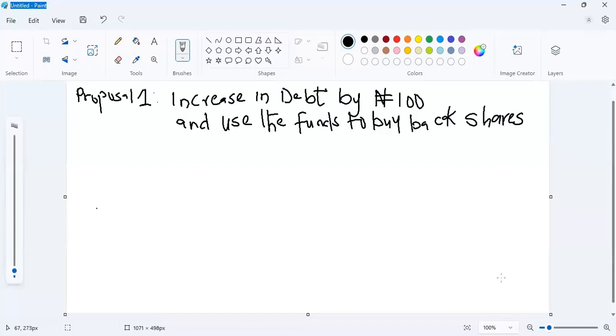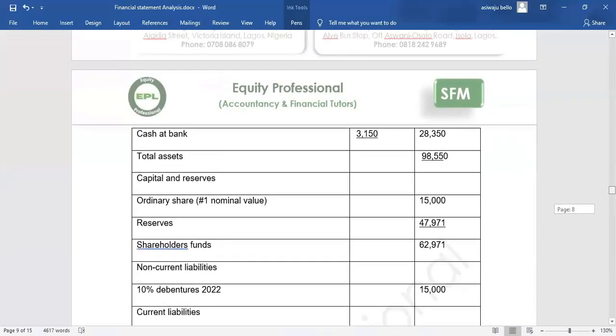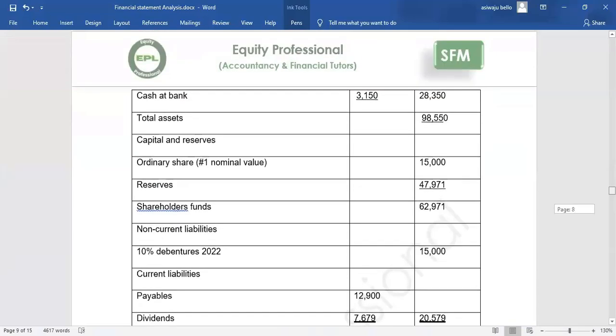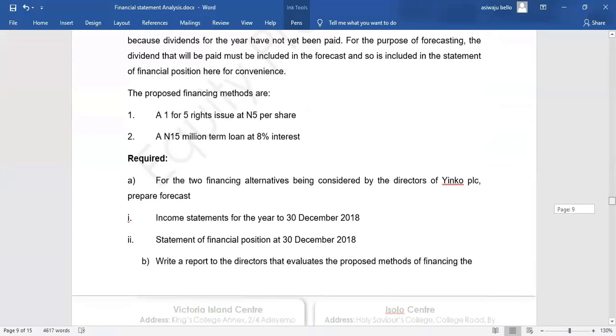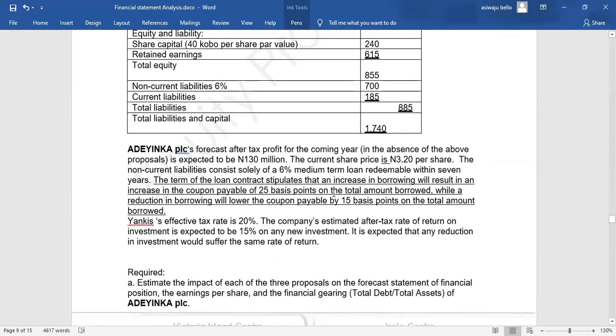We come here. The interest rate is 6% on debt, existing debt.